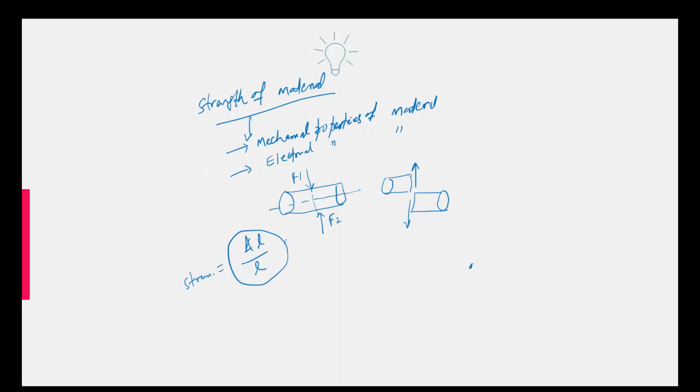So these are the critical points you need to brush up on: allowable stress, yield point, yield stress, ultimate stress. These are the points you need to brush up on before deep diving into this. So I request all to understand this.